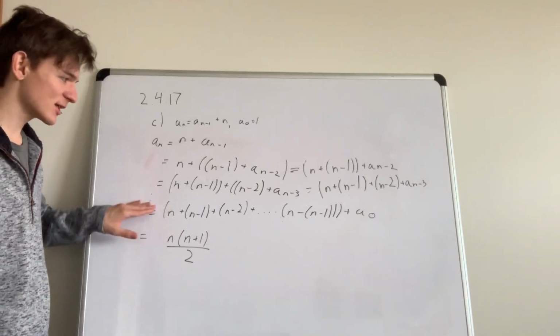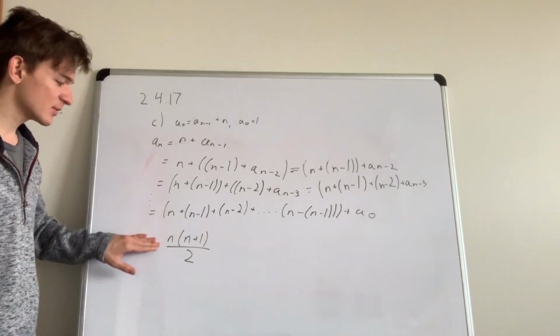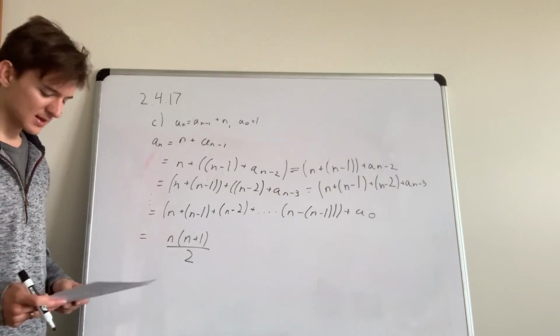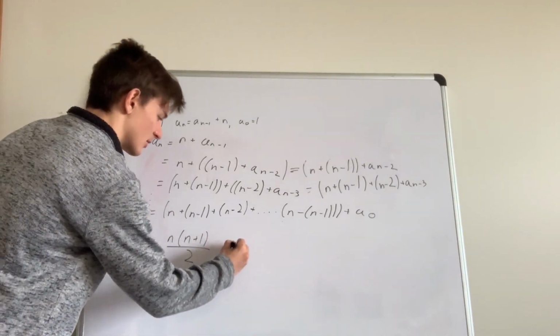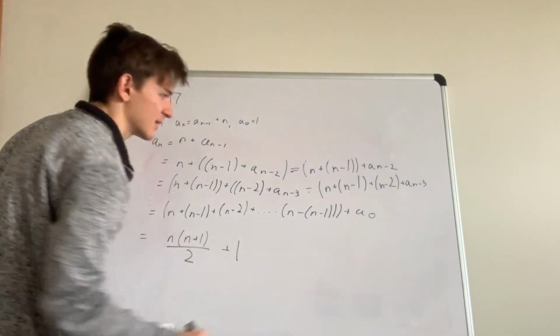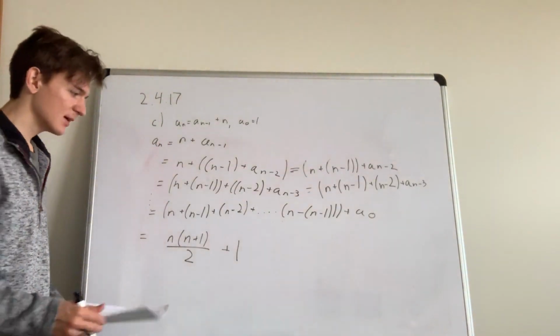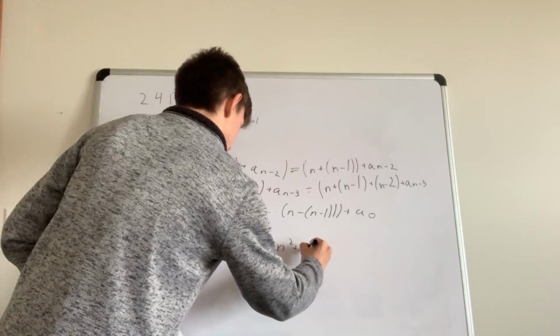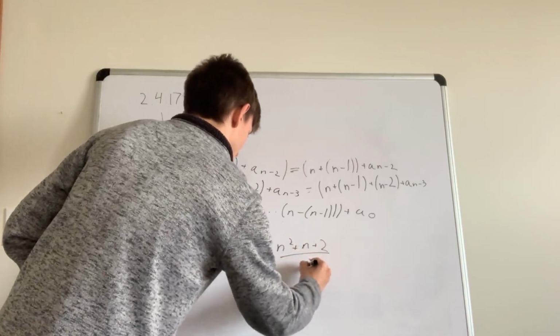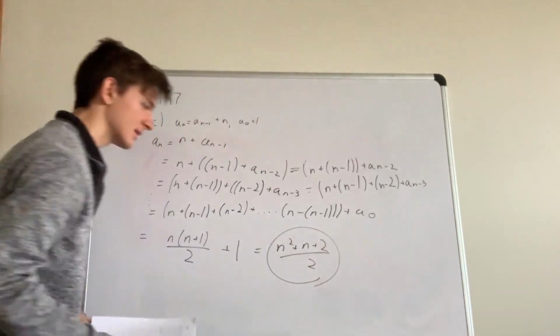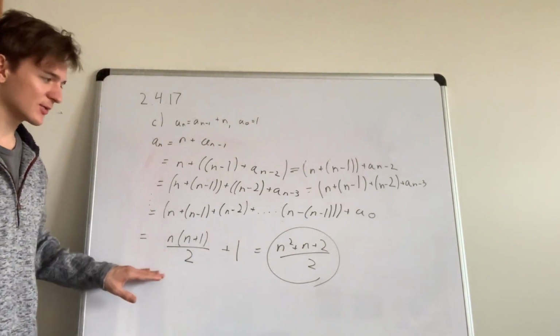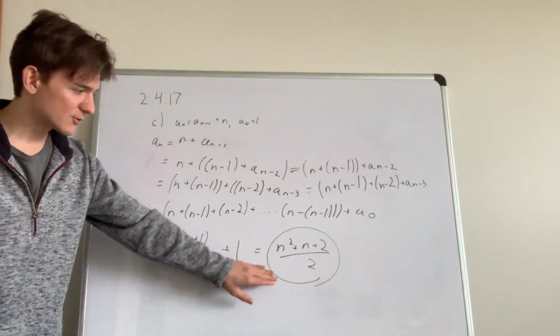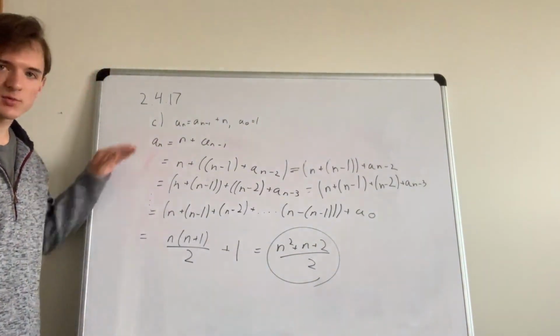That's what all that simplifies to, n times n plus 1 all over 2, plus, of course, 1. This 1 coming from that initial condition. And this again simplifies just to n squared plus n plus 2 all over 2, right? If you really wanted to simplify it even further, this would be your solution to our recursion relation.